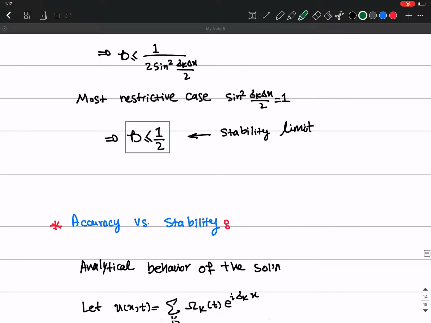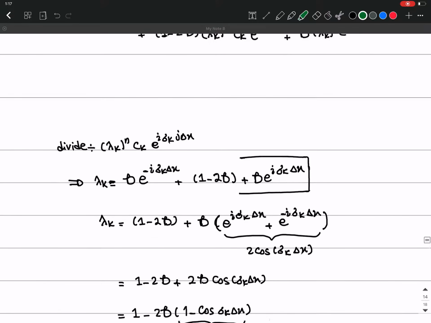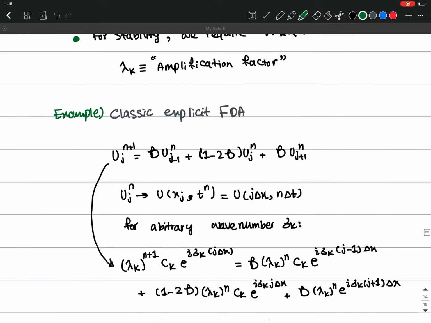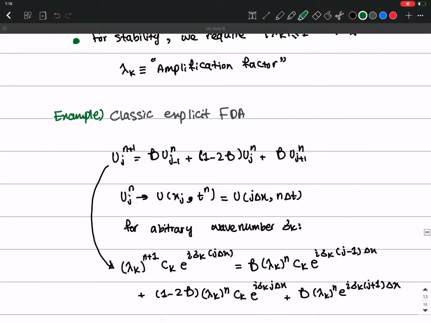So this was the last lecture of this course, and the last part of the course where we investigated the stability analysis for the finite difference approximations, and in general all numerical approximations.